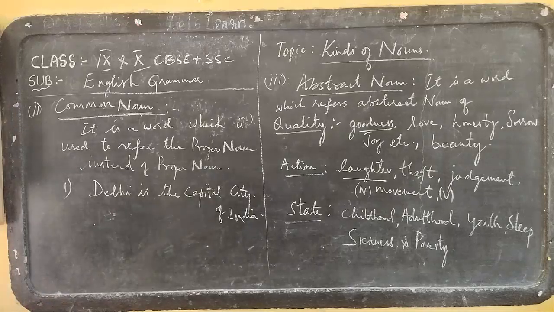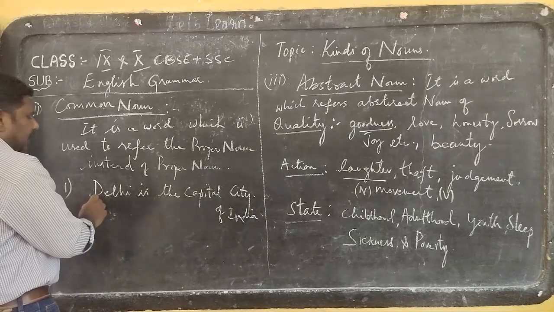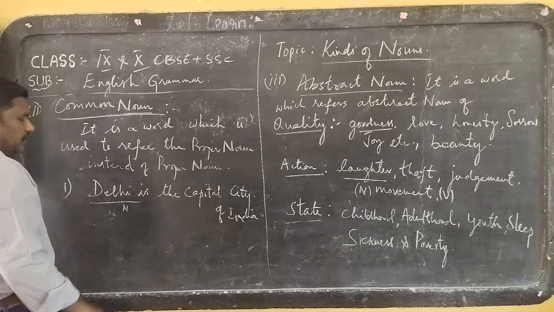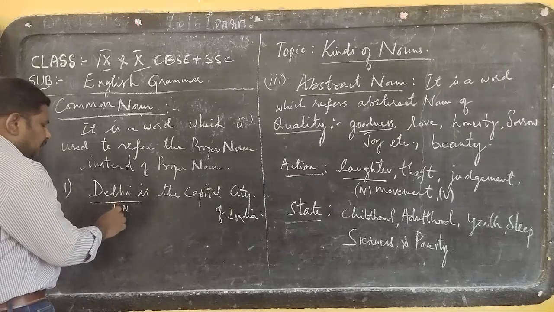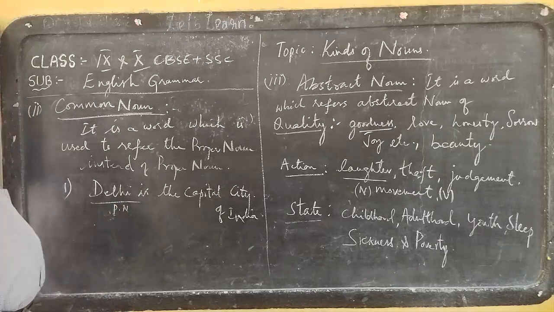Now if you look at this sentence, dear children, Delhi is a noun here. Because it is going with a particular, significant name, it is called a proper noun.